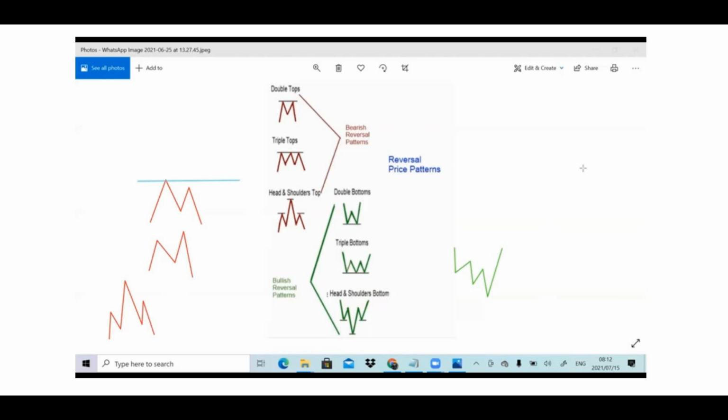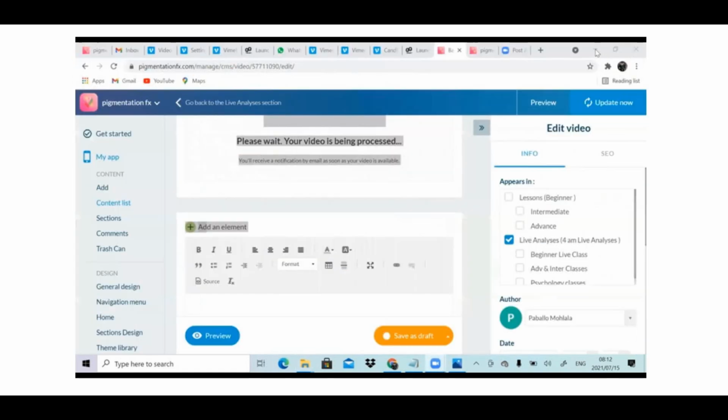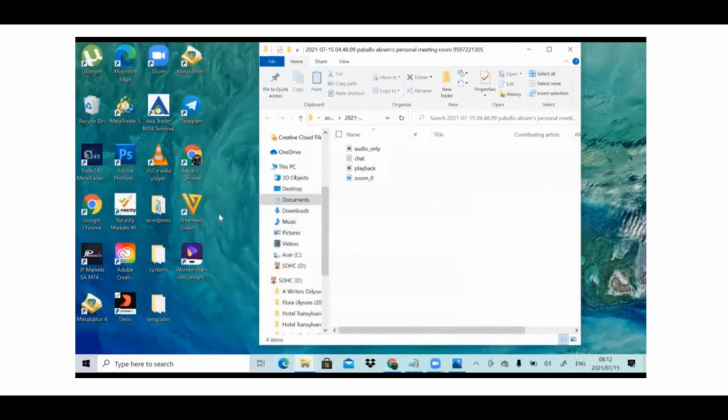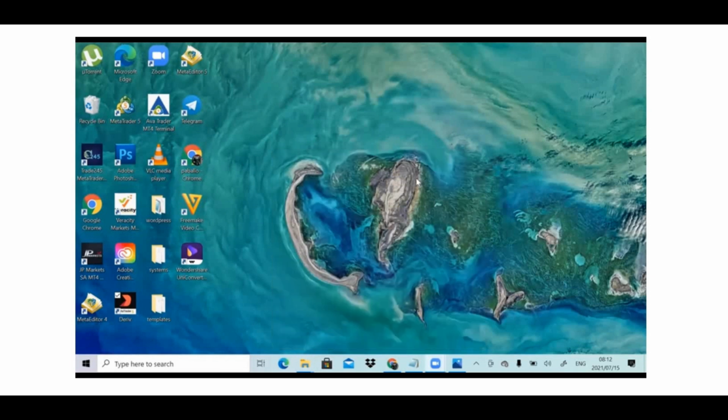So let's just go here and go to the market. Let's come to market and identify.